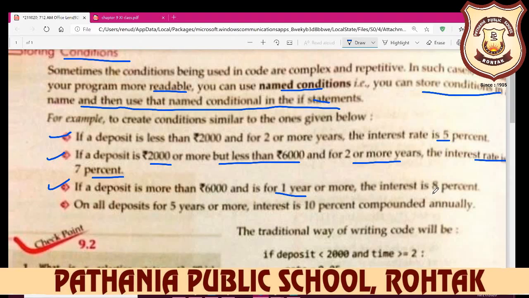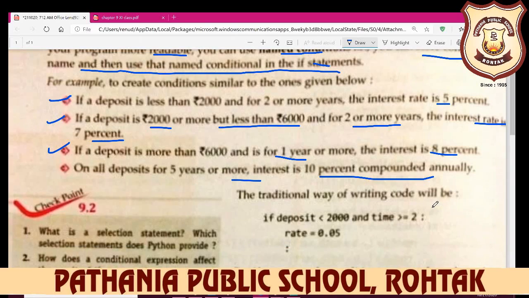So it may be 2 years, 3 years, 4 years. On all deposits of 5 years or more, the interest is 10% compounded annually.